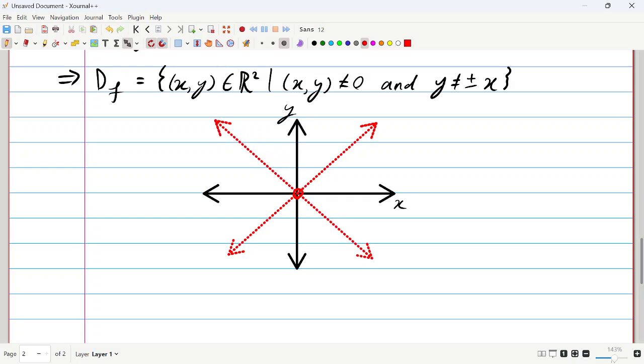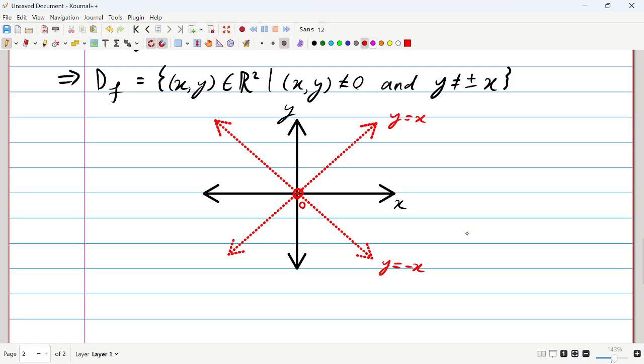Okay, so it'll look something like that. And then let's write down our labels over here. So this is at 0, and that is still a dashed line over there. So we're going to put a 0 over here, and then we say y equals x, and then y equals negative x.